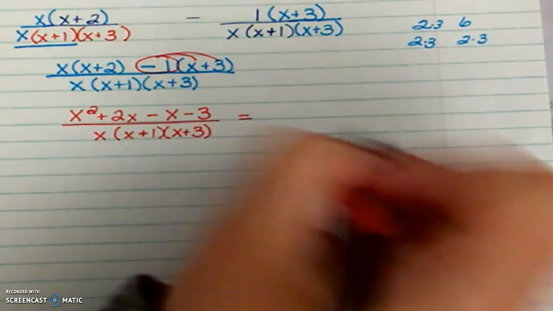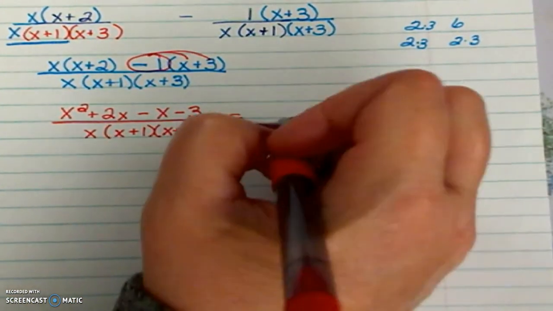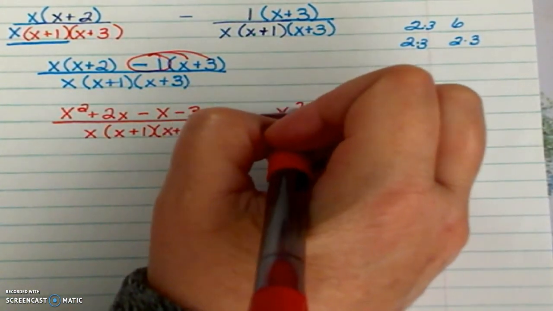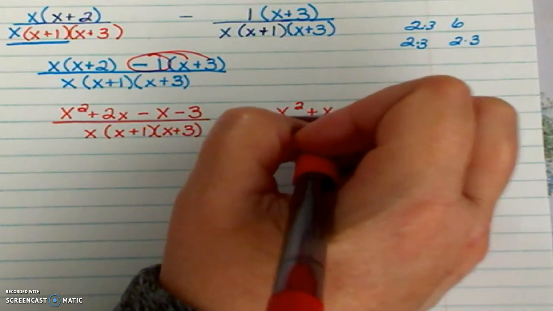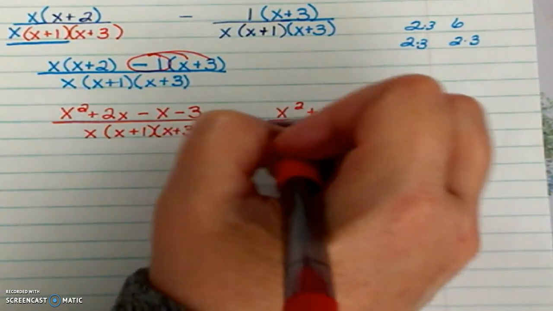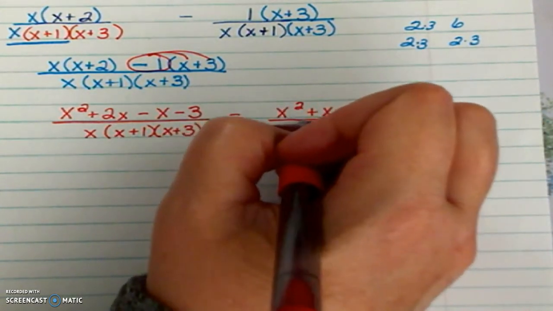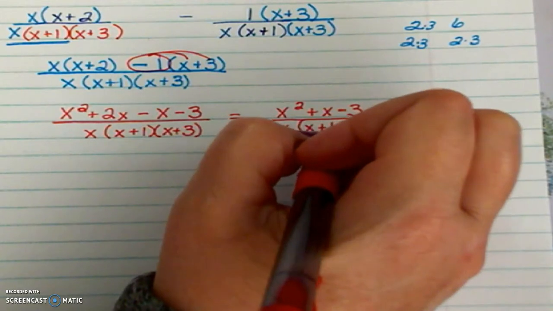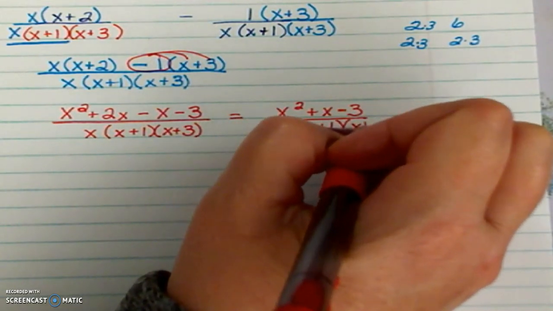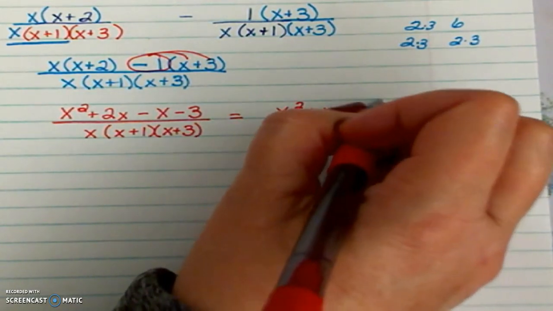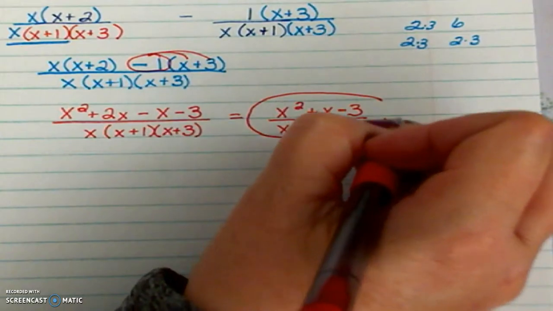So if I group like terms together, then your answer would become x squared plus x minus 3 over x times the quantity x plus 1 times the quantity x plus 3. Now that happens to be your answer.